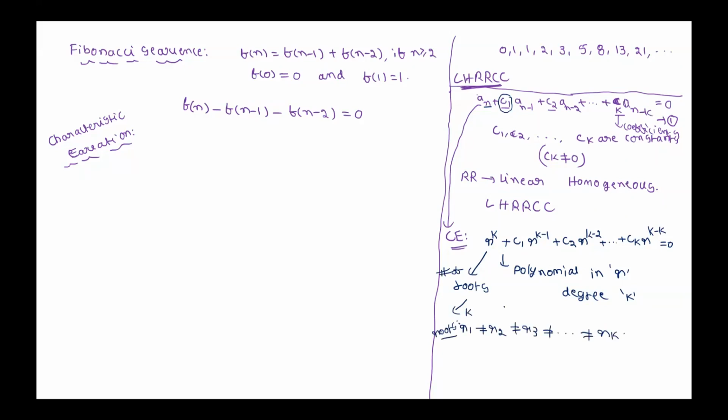If all k roots are different, the solution to the corresponding recurrence relation is given by an equals d1 into root 1 power n, plus d2 into root 2 power n, plus d3 into root 3 power n, and so on, plus dk into root k power n, where the d's are constants.